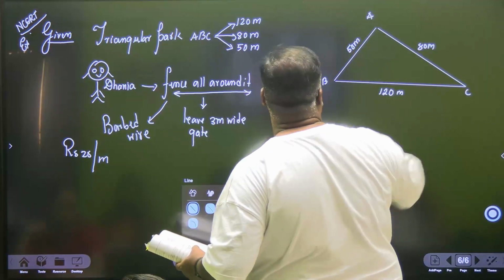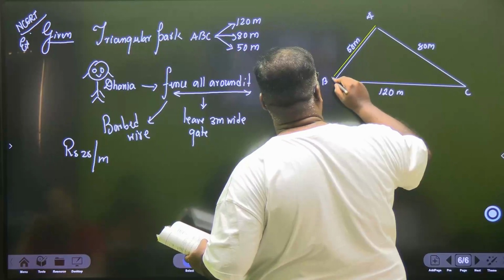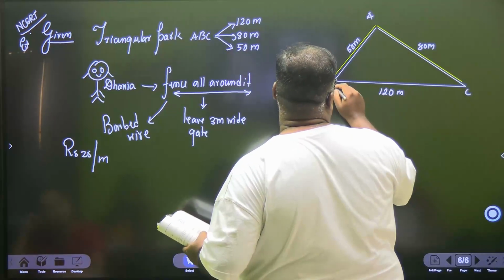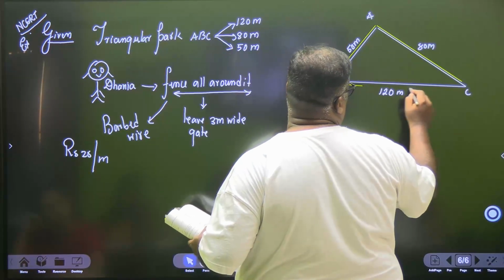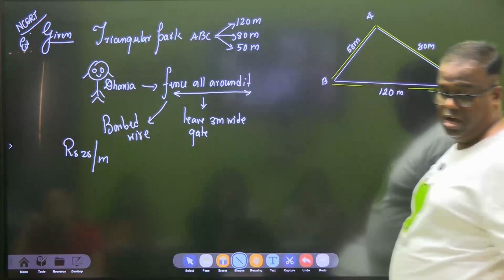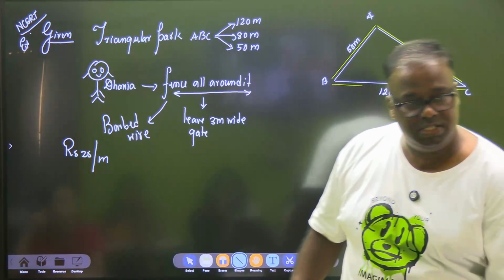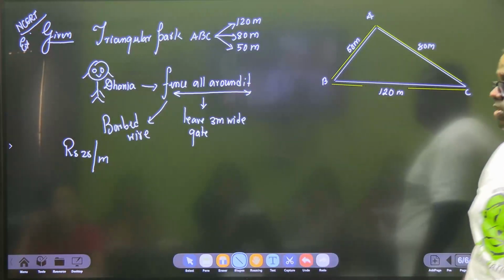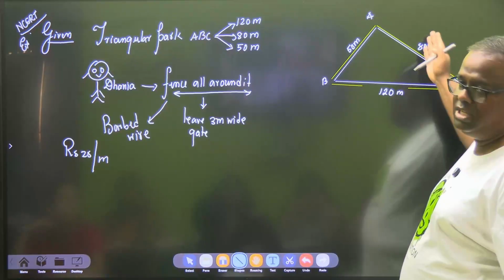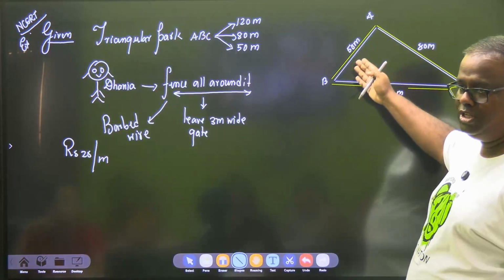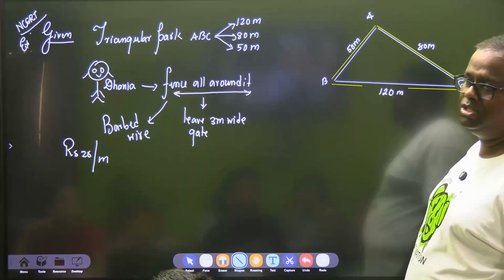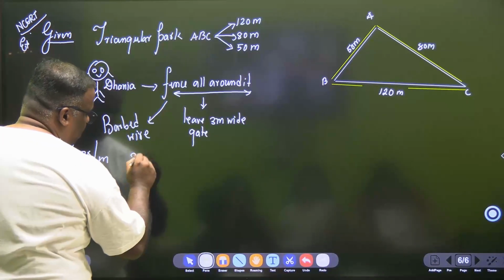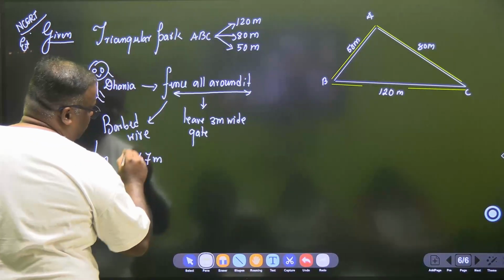You will fence this much, you will fence this much, and you will leave a 3-meter gate. That means how much barbed wire are we using? Whatever is the perimeter minus 3 meter. Just add them. 120, 80 makes it 200, 250, and 250 minus 3 is how much? 247. So totally we are using 247 meters of barbed wire.